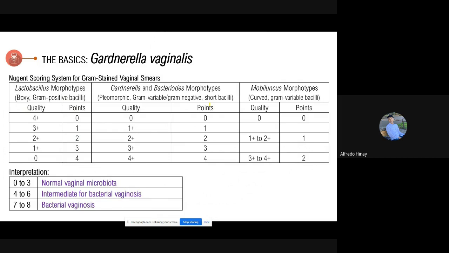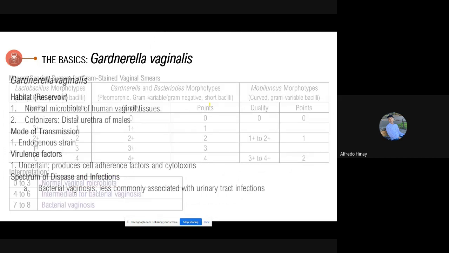If your Nugent scoring system daw score is 4 to 6, what is the interpretation? So the interpretation class is intermediate for bacterial vaginosis. So nilagay ko na lang din yung complete na interpretation class: 0 to 3, 4 to 6, at saka 7 to 9. Normal vaginal microbiota pag 0 to 3, 7 to 9 naman class is bacterial vaginosis.